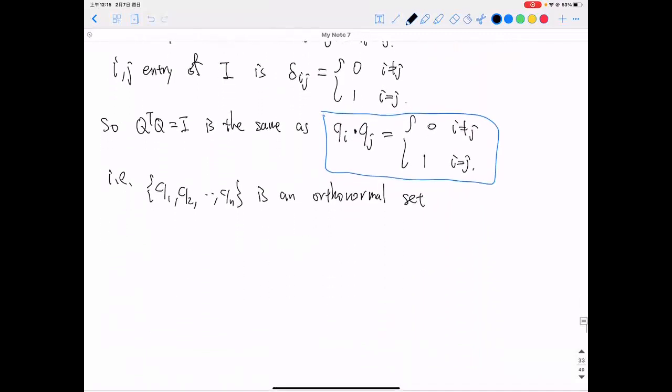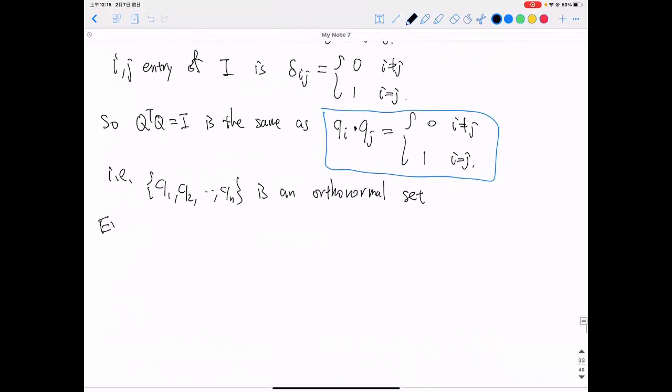So that's what we can understand immediately from the definition: a matrix Q is orthogonal if and only if its columns form an orthonormal set. Okay. And let's look at some examples that are not trivial. Certainly, if you take the identity matrix, it's immediately orthogonal. Let's make a more complicated example.